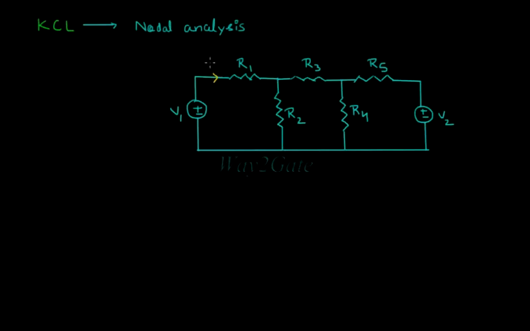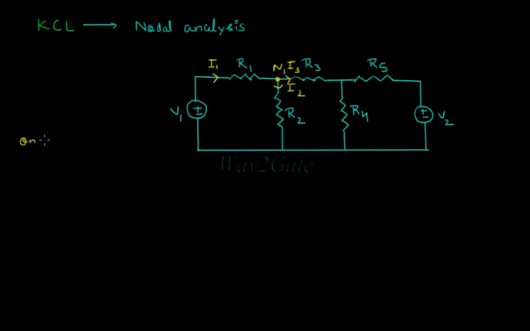Now, let's start with nodal analysis. In the shown circuit, let currents I1, I2 and I3 be flowing in the respective branches, and this is node N1.